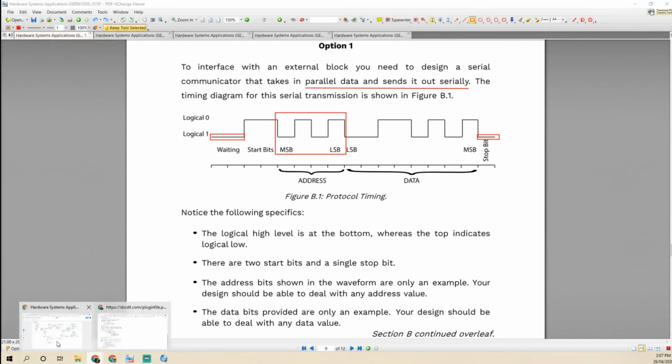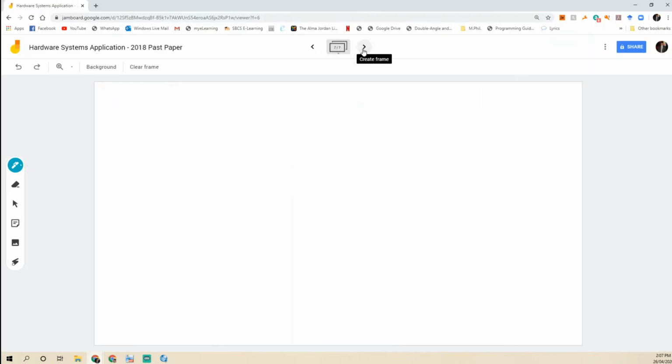So how does that come into play now? Well, let's go back to this Jamboard here. Okay, so let's just say my data looks something like this.